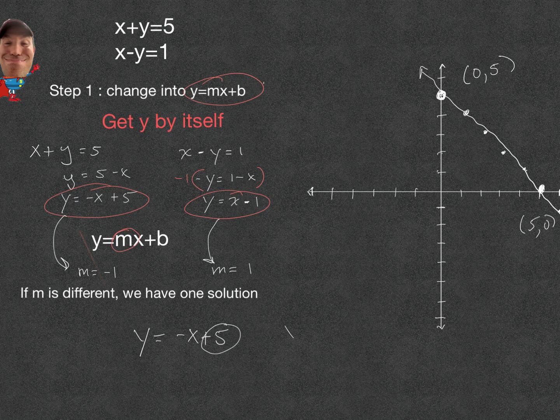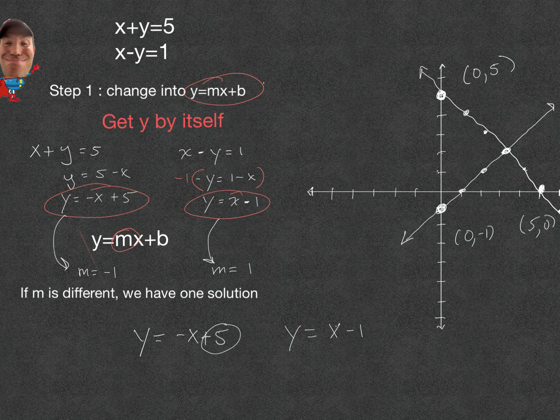Now I'm going to take the other one, y equal to x minus 1. Where should I start? The b, (0, negative 1). And I'm going to go up 1 to the right 1, up 1 to the right 1, and connect there. Great.